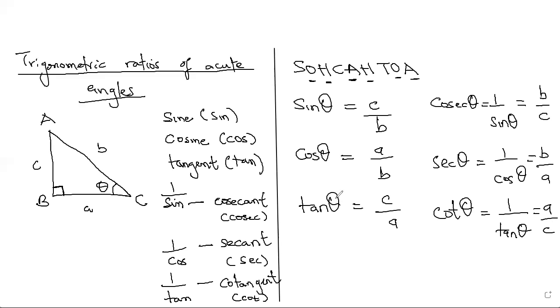So these are the equations, the formulas you'll be using to calculate either the angles or the sides, depending on the information you have. Okay, let's look at some examples.